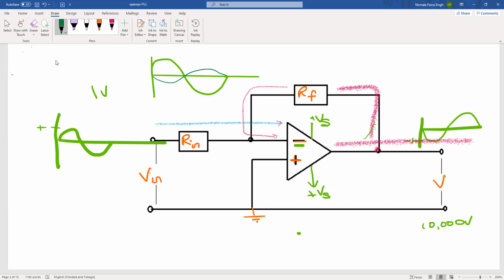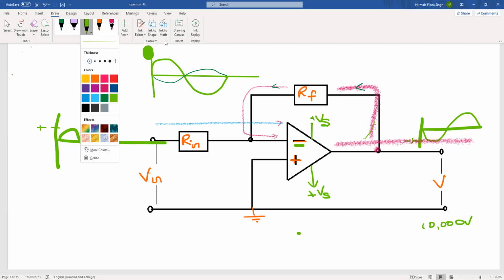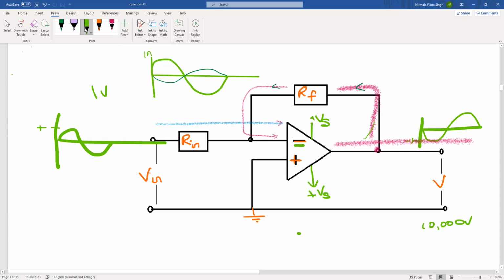What's going to happen? My overall input voltage is now going to become greater or smaller? Anybody? If the bright green is my input voltage, and my dark green is my output voltage that was fed back into my circuit, what is going to be my new input signal?